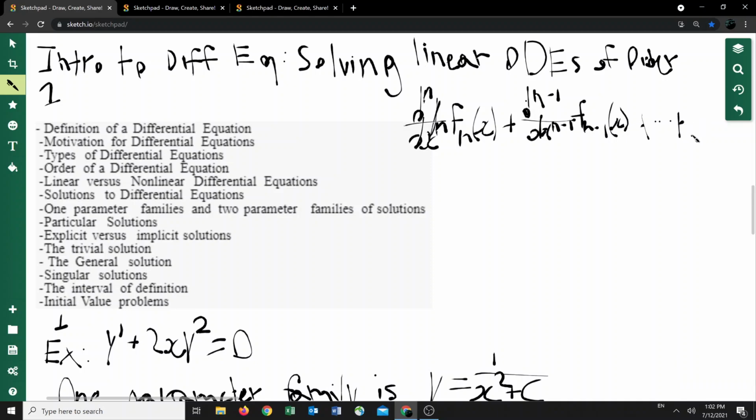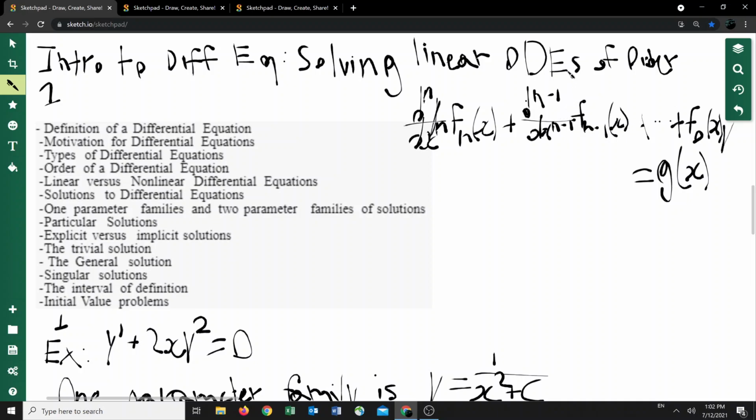Basically down to there being no derivative, so just y itself. So some f sub 0, I guess we can think of that as the 0th derivative. So it's actually f sub 0 of x, y, equals some other function of x, call it g of x. So this is the form of a linear differential equation.